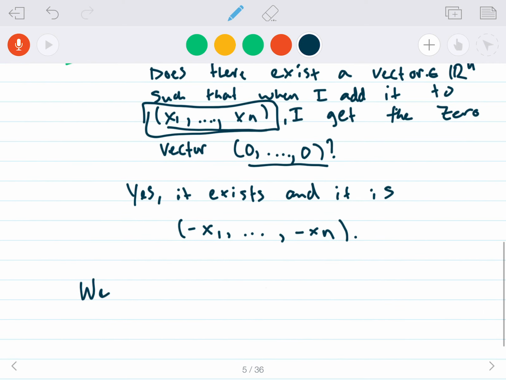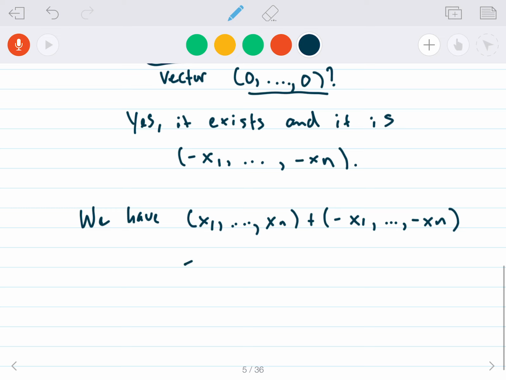So we have x1 ... xn plus negative x1 ... negative xn. Well, when we add these guys, we get x1 plus negative x1, ..., xn plus negative xn.